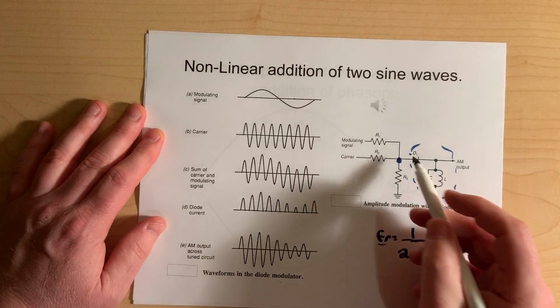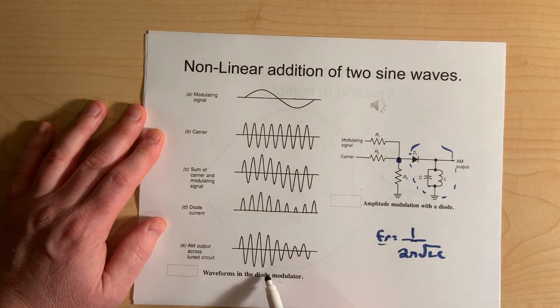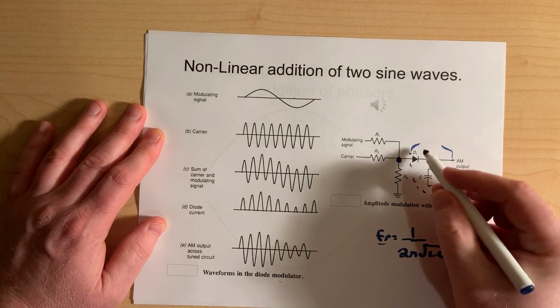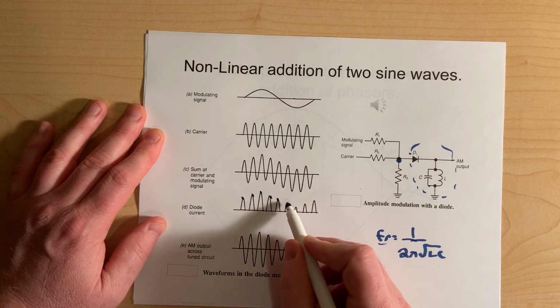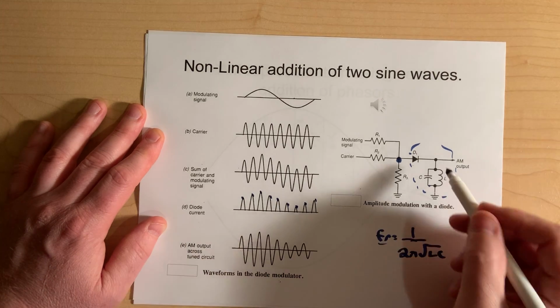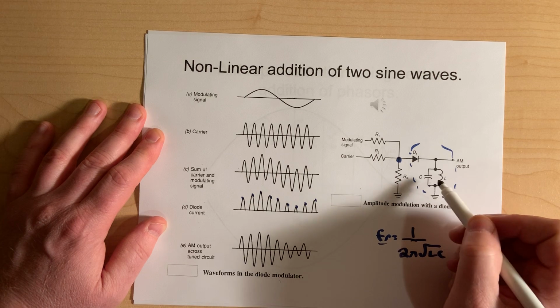Now, all you do is cut the top portion using the diode, right? And what that does is trigger the tank circuit only on the peaks. It's going to charge the capacitor, and then we get a bit of a flywheel effect.